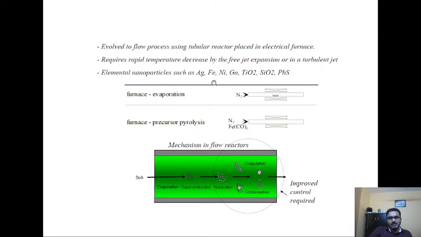Elemental nanoparticles are given here, that is argon, iron, nickel and so on. So here we are having a furnace using evaporation process and a furnace with precursor pyrolysis. And here also you can see the mechanism in the flow reactor, which is our first point on this slide.